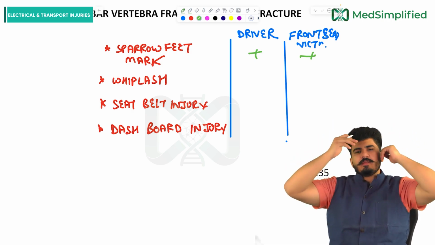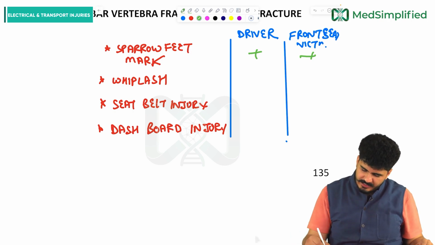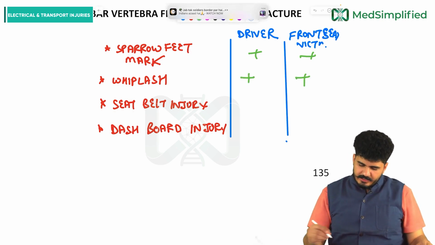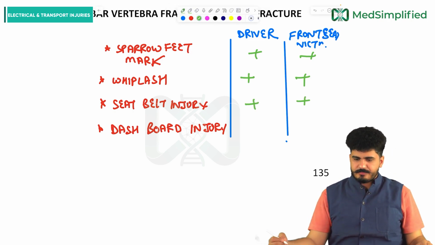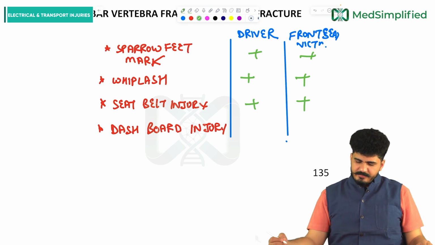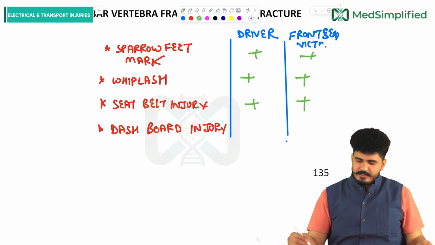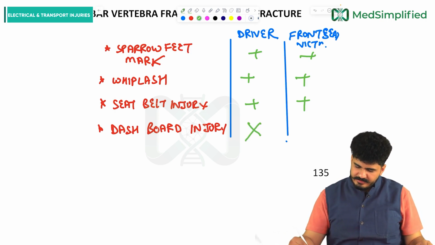Then whiplash is also seen on both. Now seat belt injury can also be seen in both, but dashboard injury is not seen on the driver side, though it can be seen on the victim side.